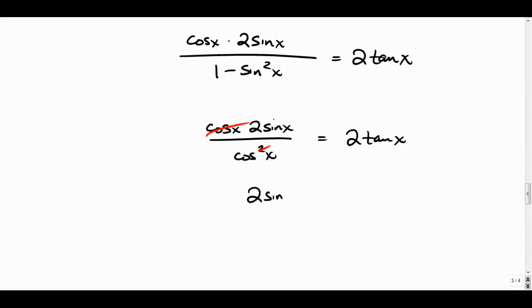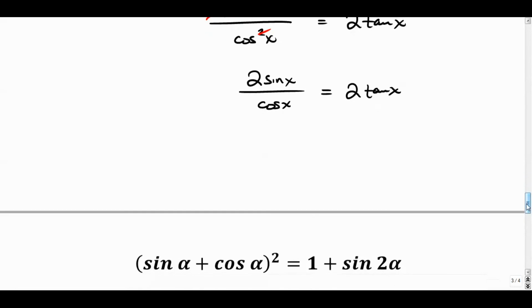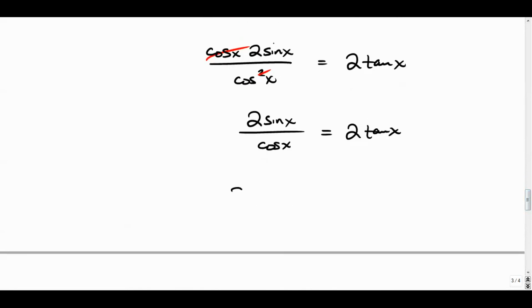So I get 2 sine x over cosine x. And this is really nice. What is sine over cosine? Sine over cosine is defined as tangent. So I have 2 times sine over cosine. Well, sine over cosine is tangent, so I'm not even going to write that. I'm going to just turn that right into tangent, and I'm going to see that I'm done.